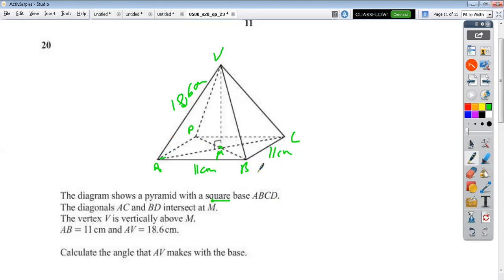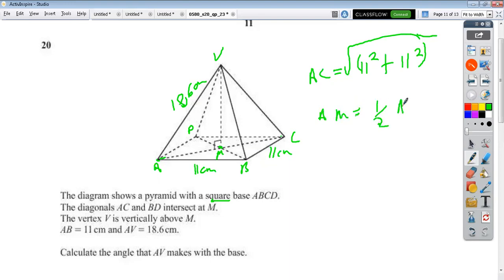So to find that, we do what? So half of it, that's easier. So we find this way, AC. So AC is equal to the square root of 11 squared plus 11 squared, Pythagoras theorem. You can tell that it's at 90 degrees. Then we're going to find AM after that. AM is equal to half AC.